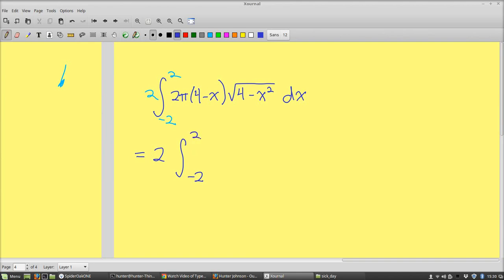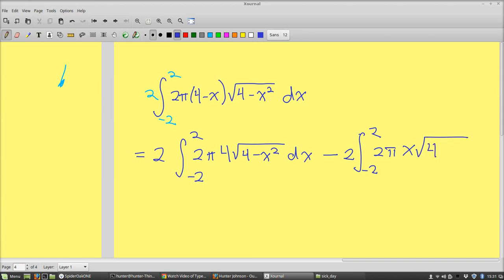So we go from negative 2 to 2, 2 pi times 4 times the square root of 4 minus x squared dx, minus 2 times the integral from negative 2 to 2 of 2 pi x square root of 4 minus x squared dx.